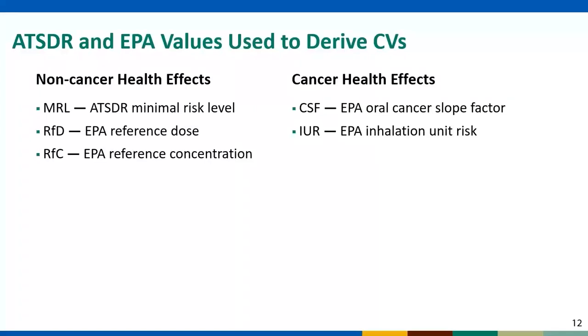From EPA, we have the reference dose, or RfD, and the reference concentration, or RfC. To determine cancer risk, ATSDR does not have a cancer risk value, so we use EPA's oral cancer slope factor, the CSF, and inhalation unit risk, the IUR, to calculate a media-specific CV.